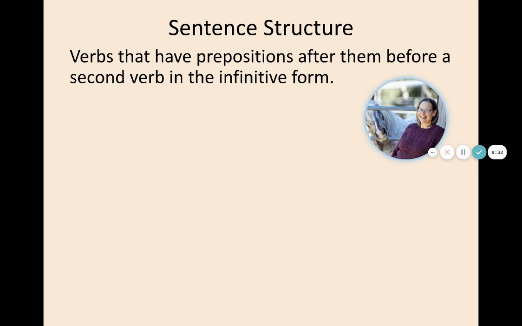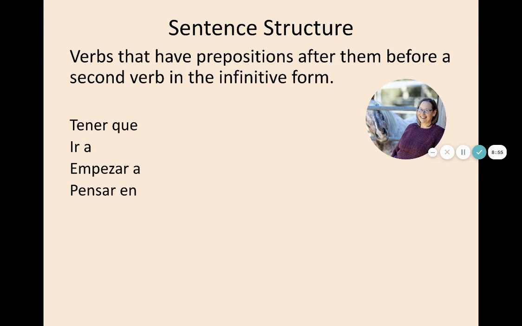Verbs that have prepositions after them before a second verb in the infinitive form. Okay? You won't know any of these verbs for right now. Tener que. It always has the que after it. Ir a, or I should say 90% of the time, they have the que or the a after them.